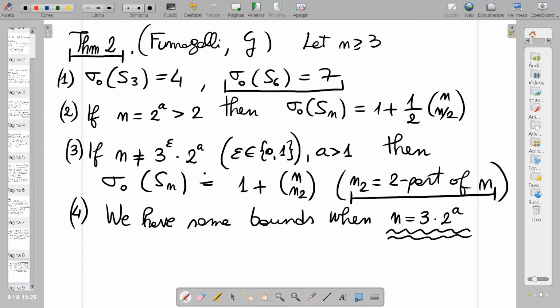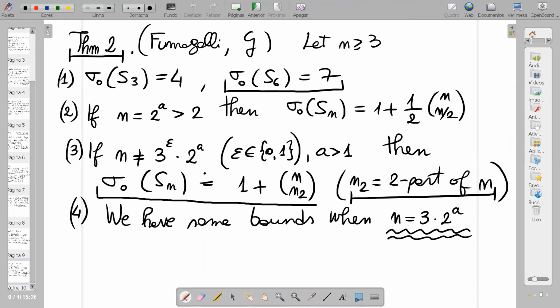Okay, this is a result that says that we computed the sigma_0 of the symmetric group in most cases. There is one exception, but we have some bounds. I would like to concentrate in particular on this, because I want to give you again some idea of how this is proved.